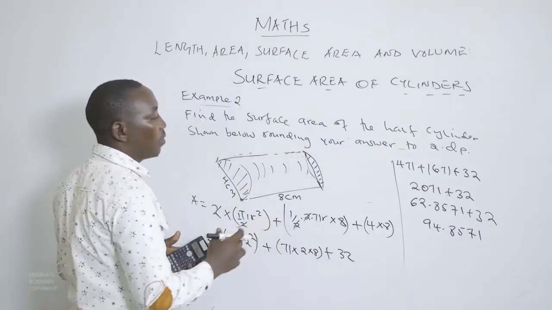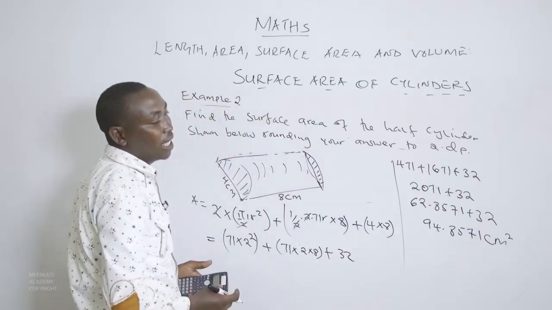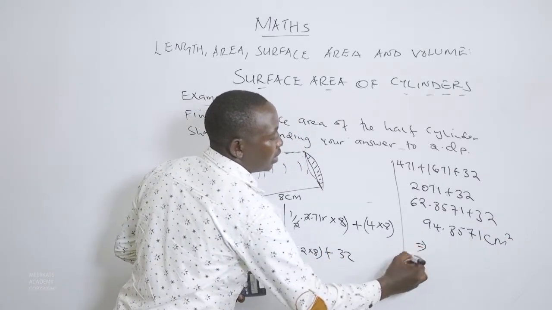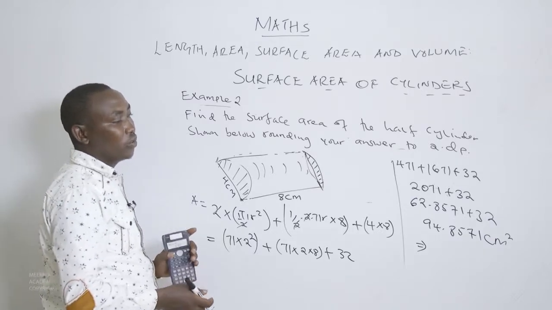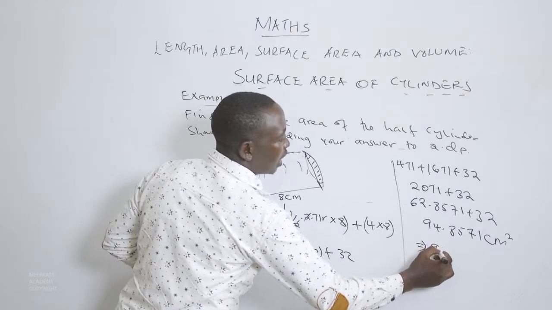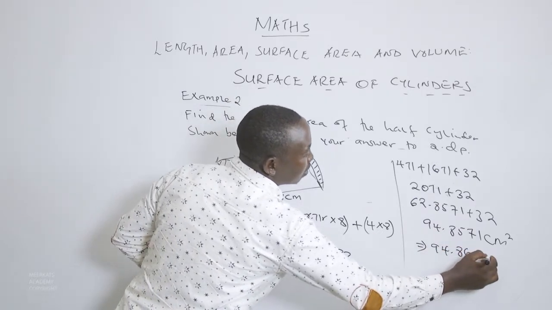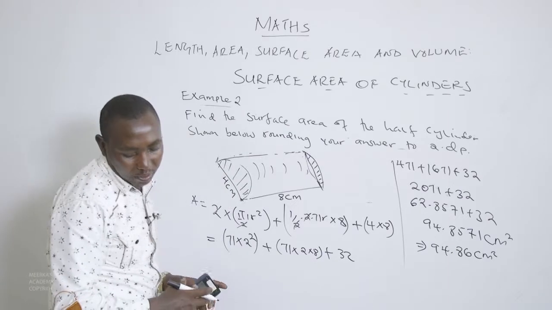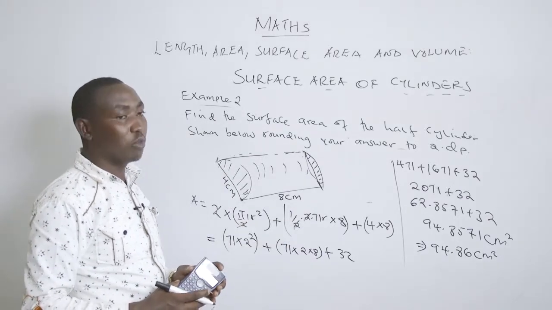Because the units were in centimeters, this will be square centimeters. We have been told to round off our answer to 2 decimal places, so this shall be 94.86 square centimeters.